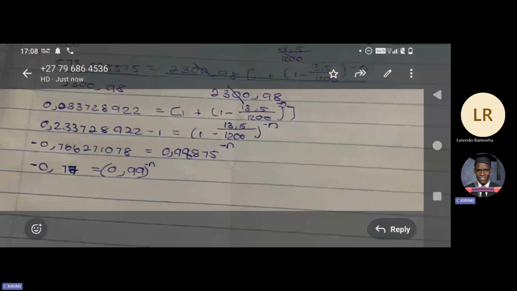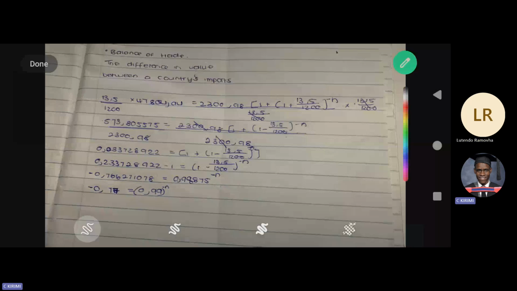From there, since we are already having a negative, it's negative 0.77, assuming everything is correct, equals 0.99 to the power negative n, which is the same as 1 over 0.99 to the power n.